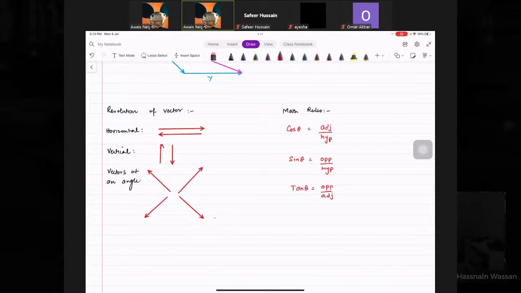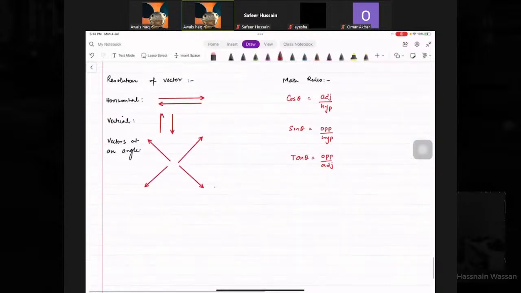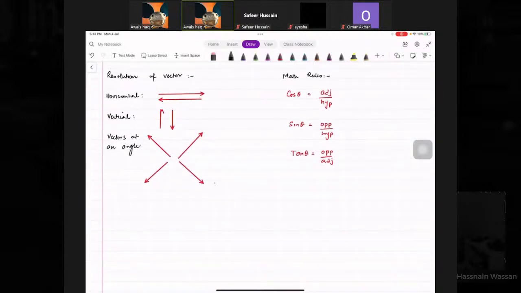With that said, let's suppose in one example they have given a vector like this, the angle is theta, and the value of the vector is f.